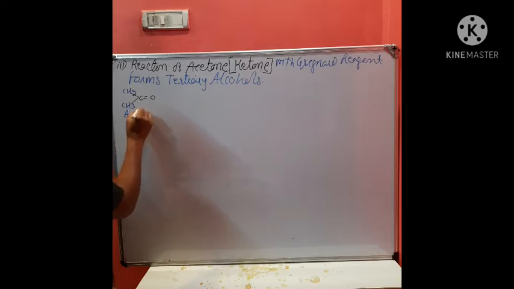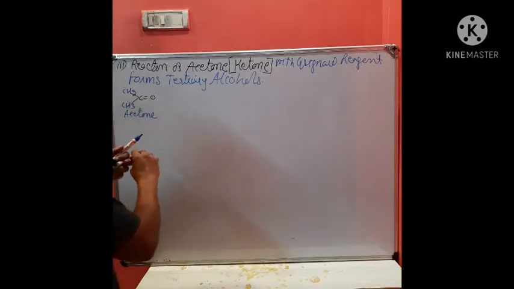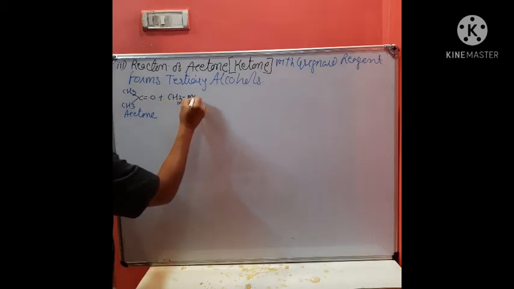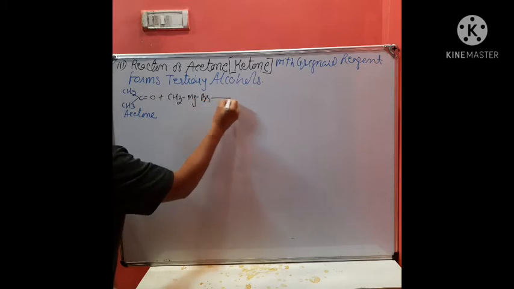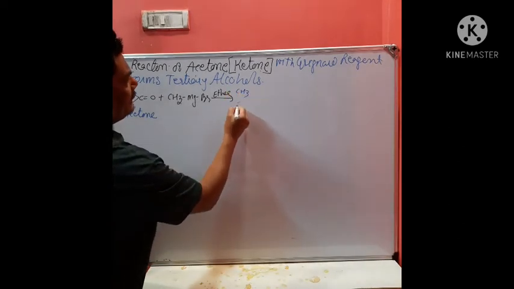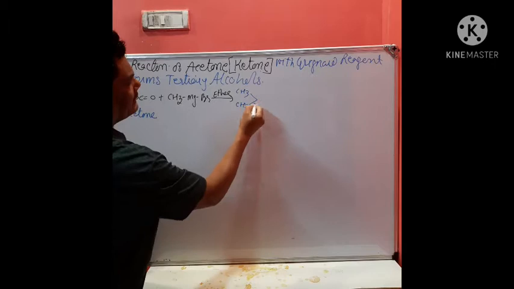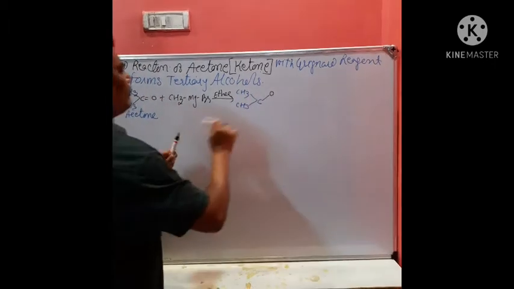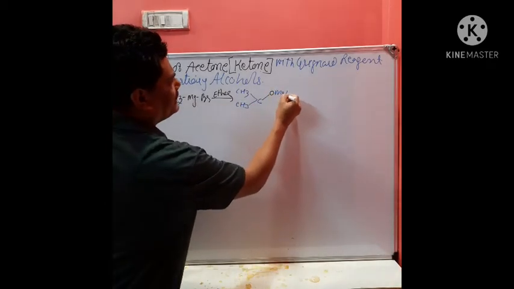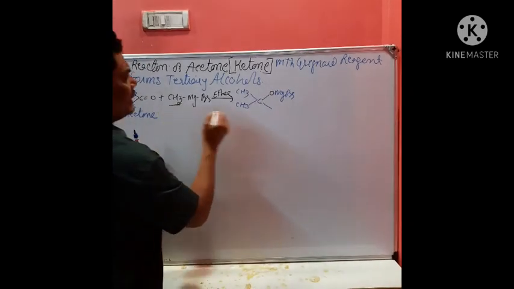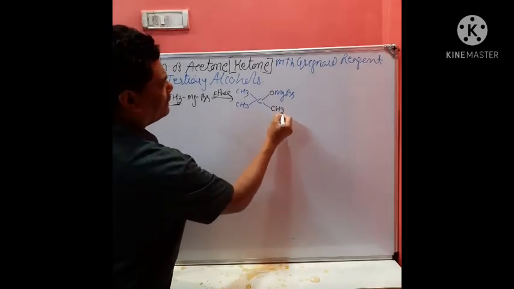This compound is known as acetone. When it reacts with, suppose again, CH3, Mg, Br, in the presence of anhydrous ether, now there will be CH3, C, which remains the same, and O, and with O there is Mg and Br, and now I specified it by a methyl group, therefore this is methyl.